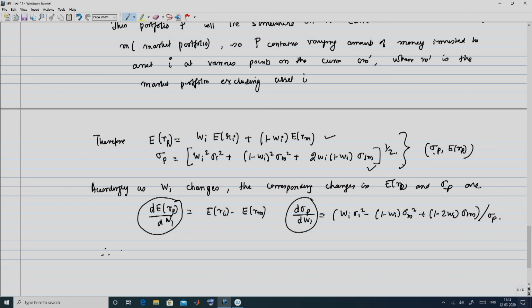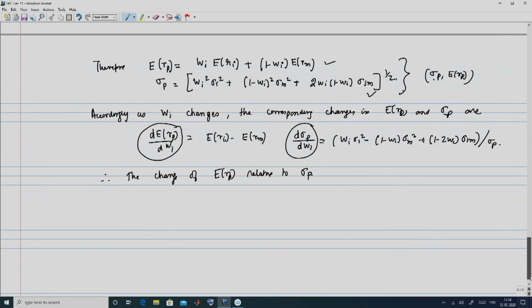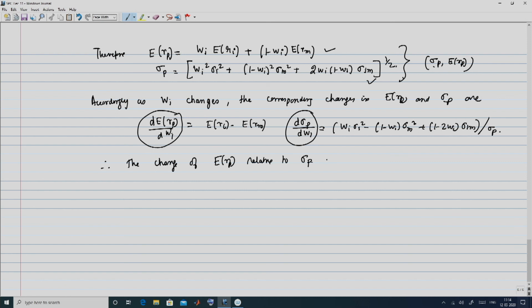the change of ERP relative to sigma p, that means the slope of this curve in the sigma p, ERP plane, is given by dE of RP over d sigma p.